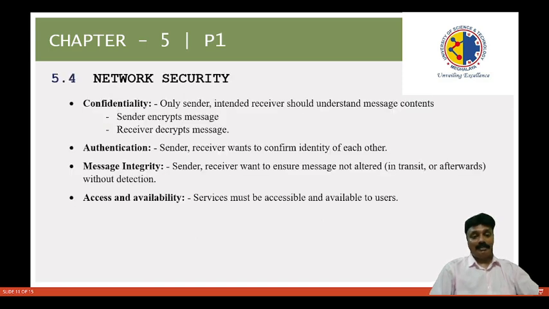Network security will ensure the confidentiality of the information. So the sender and intended receiver should understand the message contents. The sender encrypts the message, the receiver decrypts the message. It also authenticates: the sender and receiver want to confirm the identity of each other.